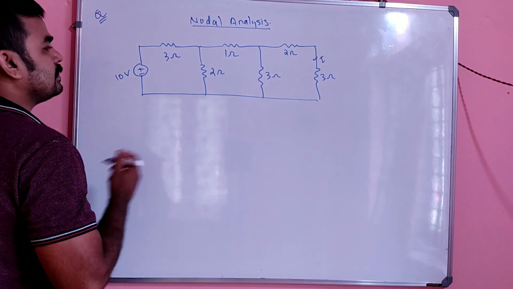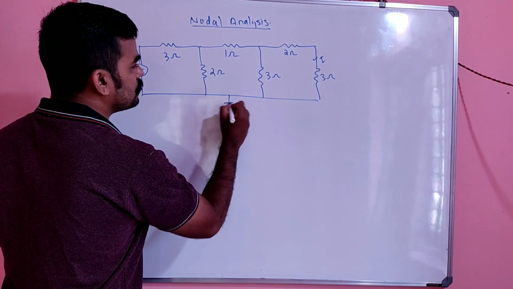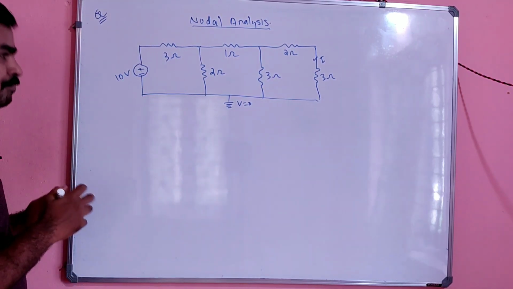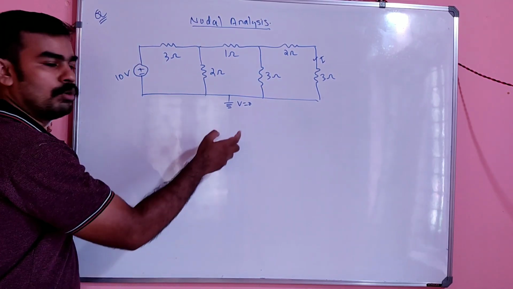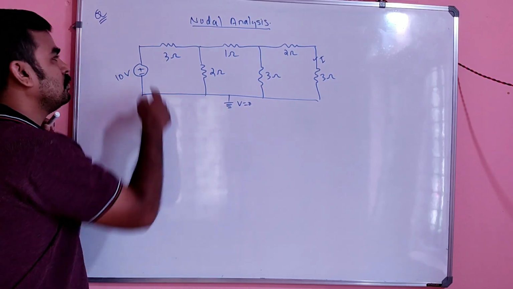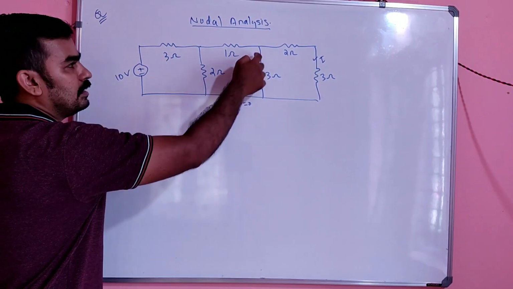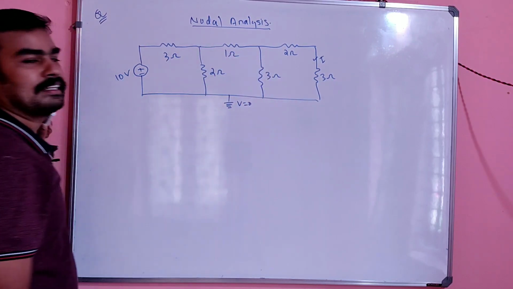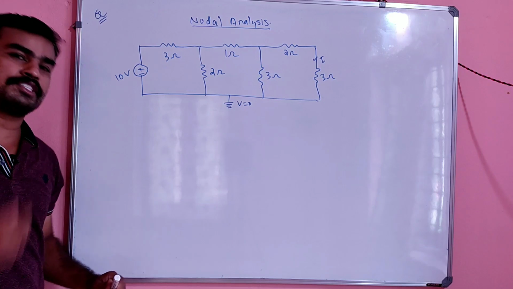Here I am taking this as the reference node, and V will be 0 here. Why did I take this as the reference node? Because this is a point at which maximum branches are connecting: this branch, this branch, this branch, this branch are connecting.